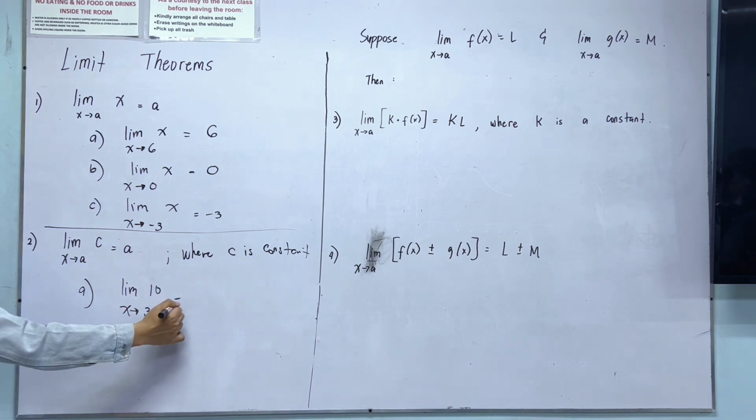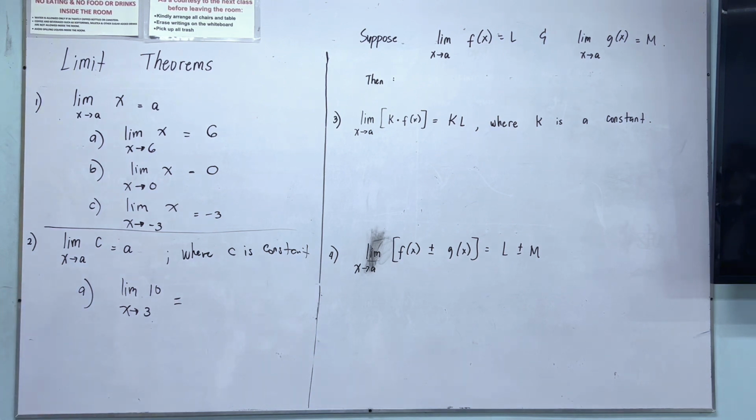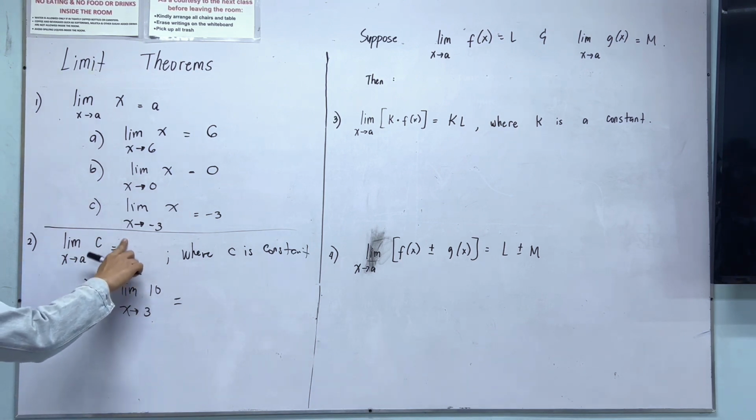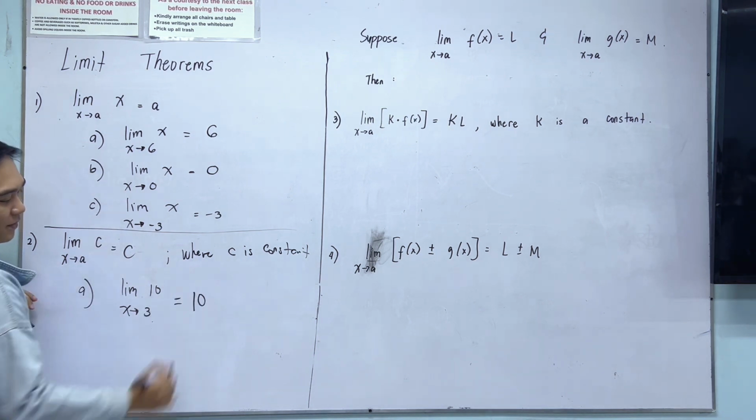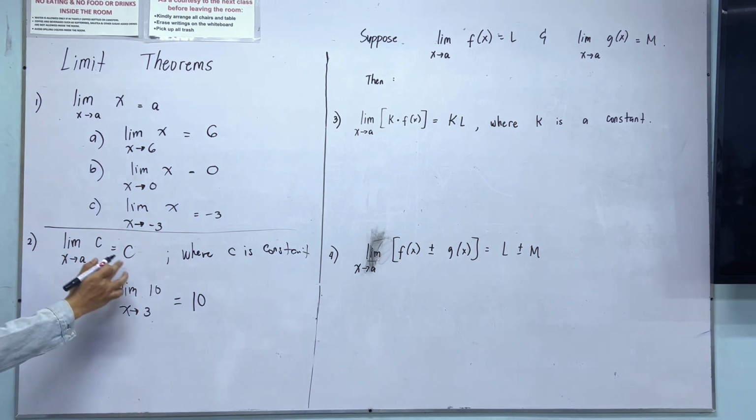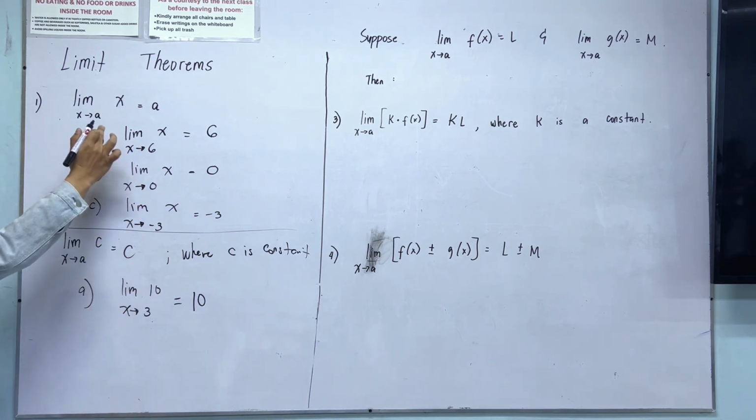So, ano magiging limit natin? Paano baliktad ito? This must be C. Baliktad. So, this is 10. Kasi kung A pa rin iyon, edi wala siyang pinagkaiba kay number 1.